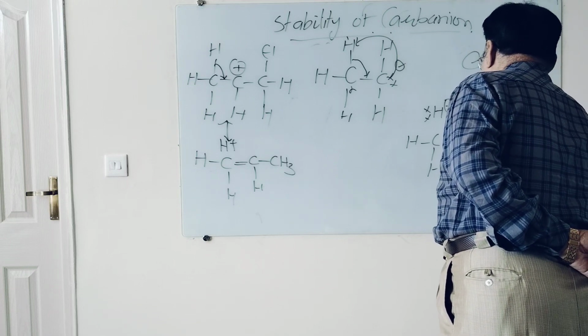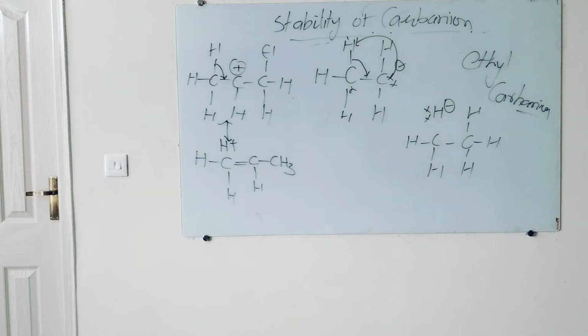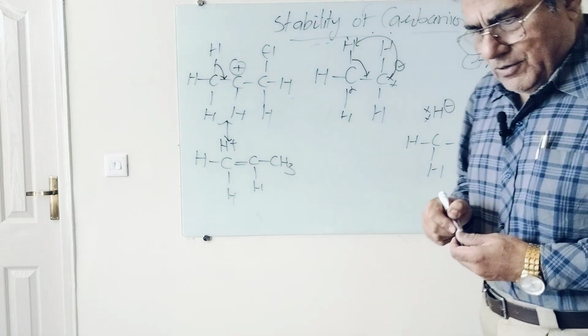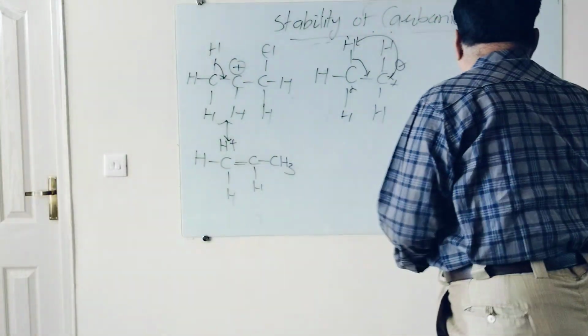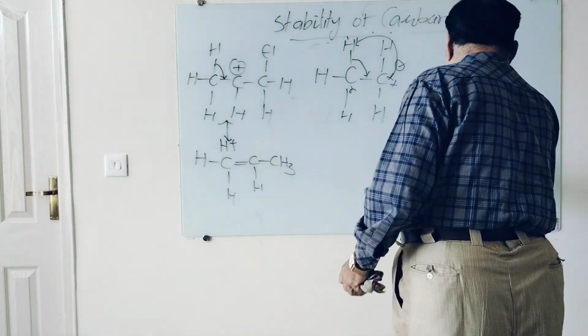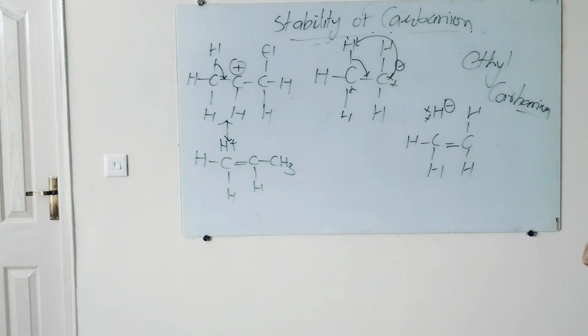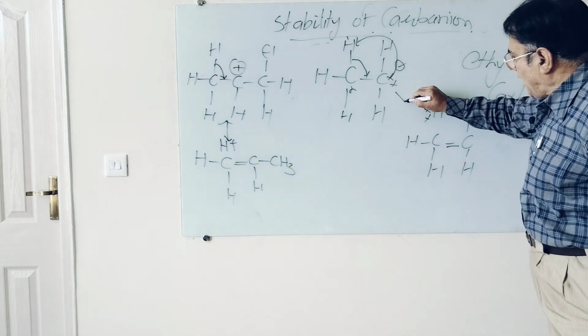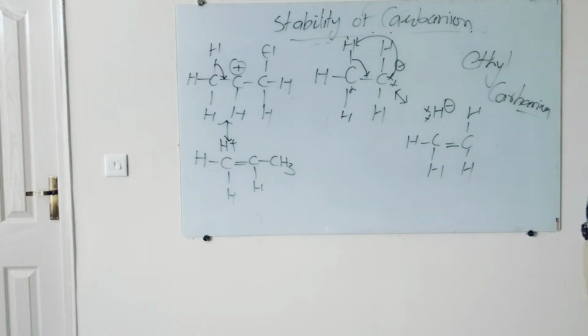CH3, CH3, CH3. Sorry, this hydrogen will not be there, this was by mistake. And this is a double bond, right? I am absolutely correct, I can say I have written 2 hyperconjugative structures of carbanion.